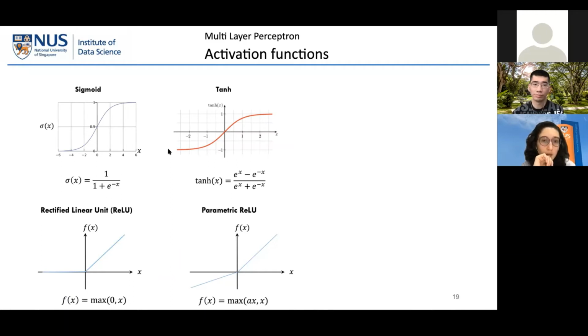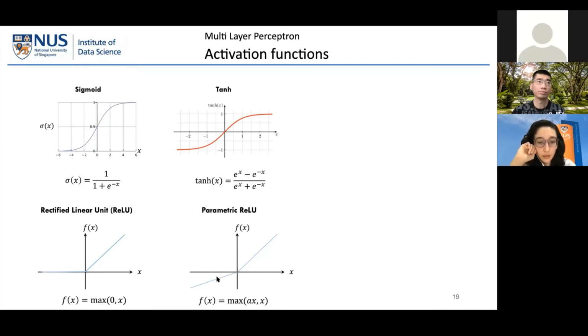Like hyperbolic tangent, tanh, rectified linear units. So you see it's not linear because you have a kink here, and you cannot differentiate there. It's linear only for positive values. Or parametric rectified linear unit.